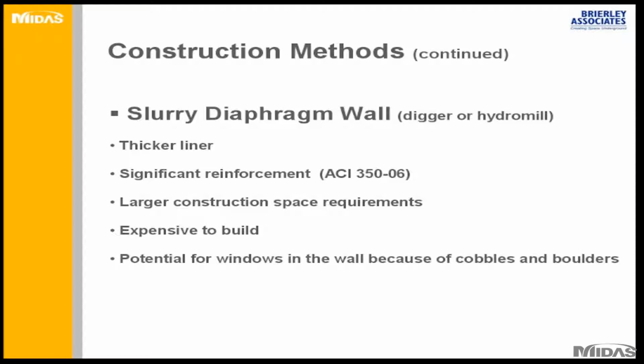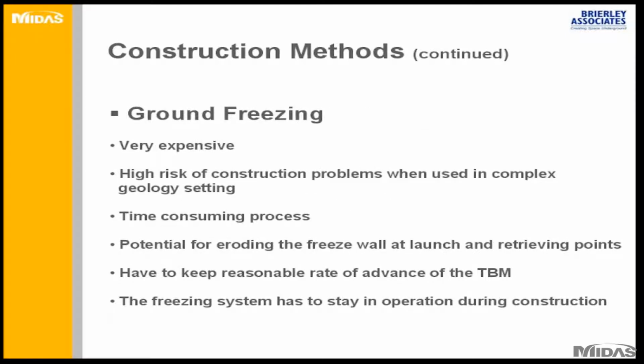This system also needs a larger space for setup, and it's expensive compared to the system which I'm going to discuss. And if you have cobbles or boulders, you end up with what we call windows in the wall. Some of the boulders may come into the slurry or the concrete after you pour it, so you end up with windows in the wall itself.